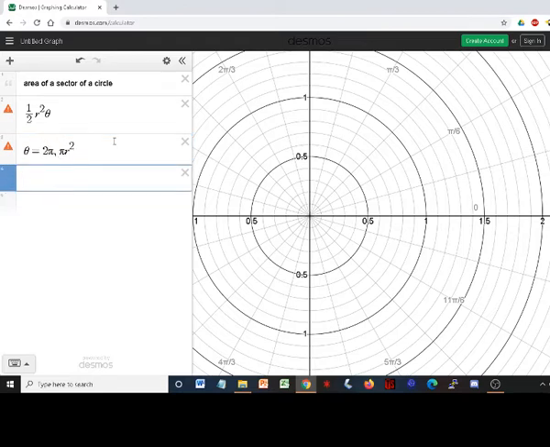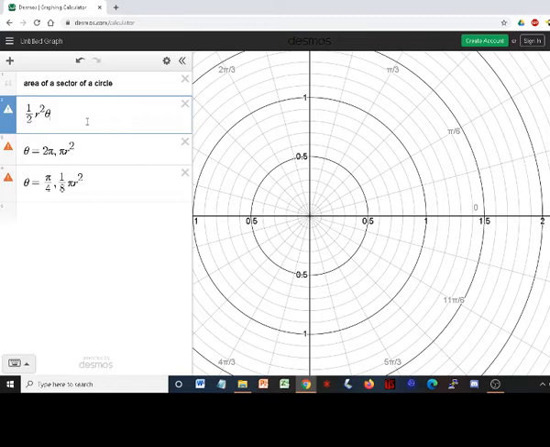If you had a 1/8 slice of pizza, how much of an angle would that be? Well, it wouldn't be 2 pi around, it'd be 1/8 of that, so pi over 4. It'd be 1/8 of the whole area, so 1/8 pi r squared. If you compare those, this number is half of that number. That's where that 1/2 is coming from. So think about pizza pieces and how much area you have.